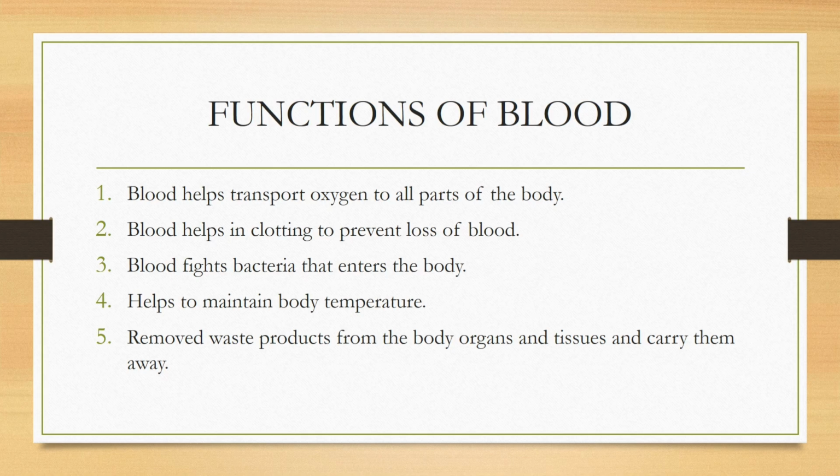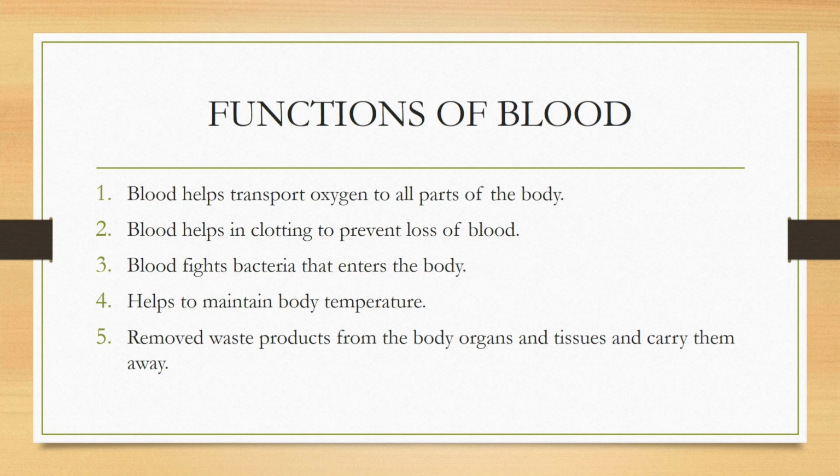Now we come to the most important part, the functions of blood. Let me explain one thing before I explain these points written in this slide. When you're asked what are the importance of blood, remember what I said earlier. Blood is not one thing. Blood is comprised of 4 components.